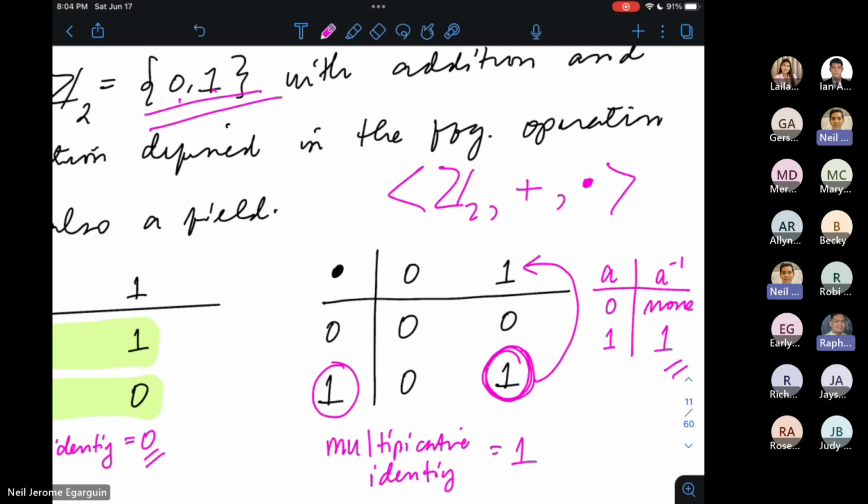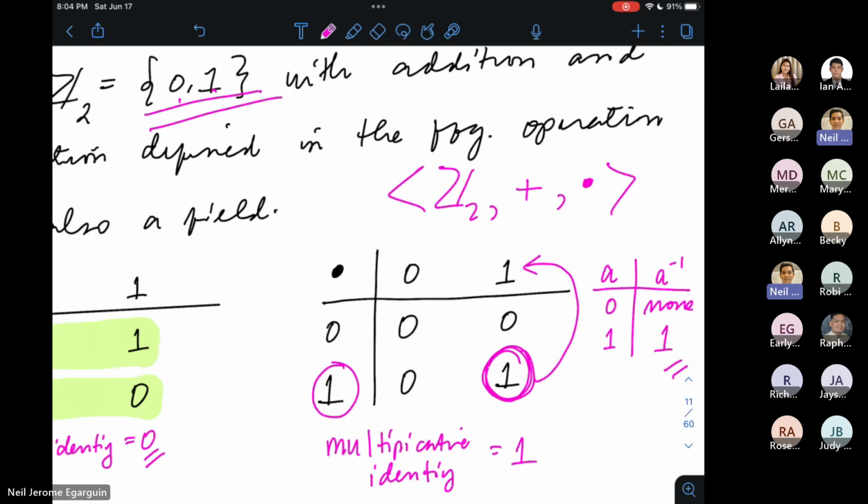Hindi po, sir. Yes, why, Raf? Kasi po, yung operations na ginamit is different from the for real numbers at saka sa Z2. Okay, great.